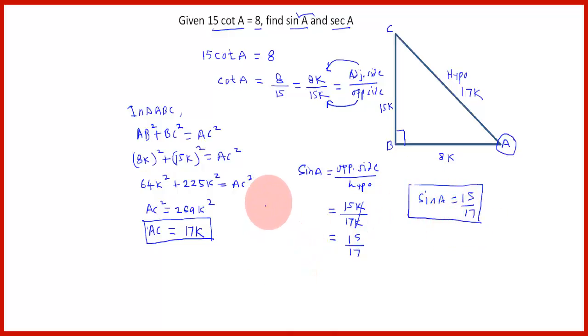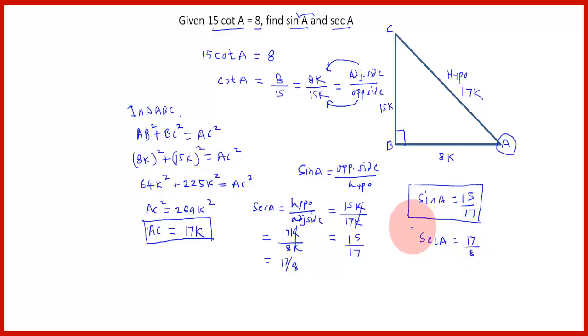Then next we have to find sec A. Sec A is equal to hypotenuse upon adjacent side, so which is equal to hypotenuse is 17k and adjacent side is 8k, so it will be 17k by 8k, so k will get cancelled and which is equal to 17 by 8, so sec A is equal to 17 by 8.